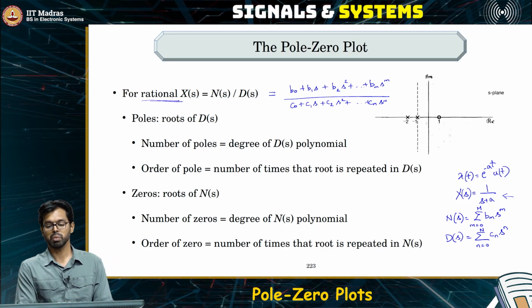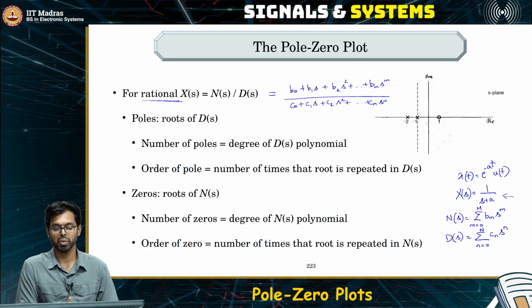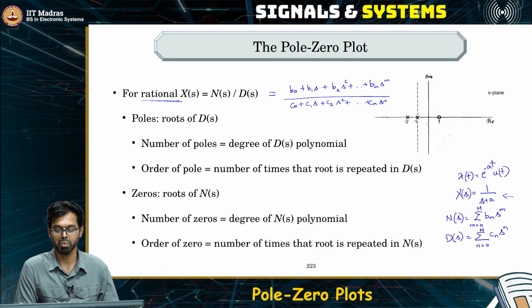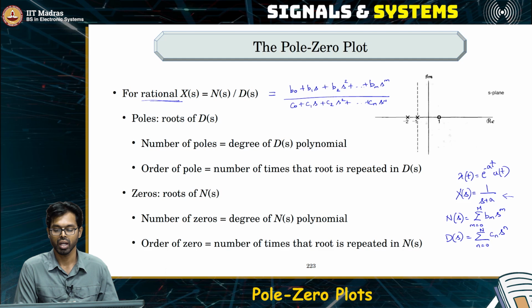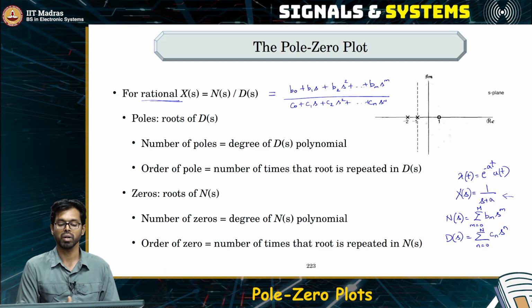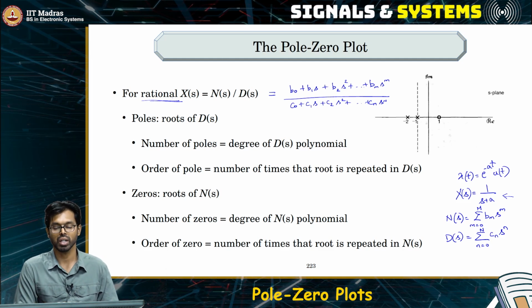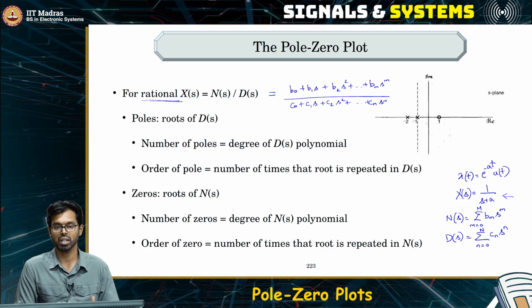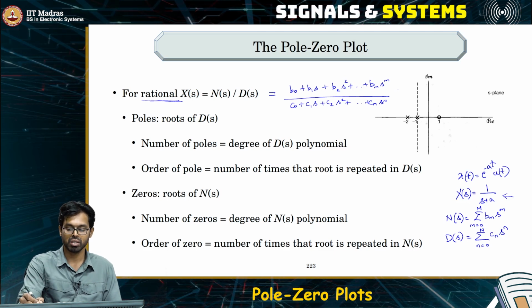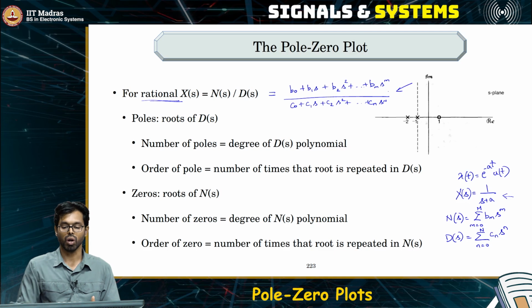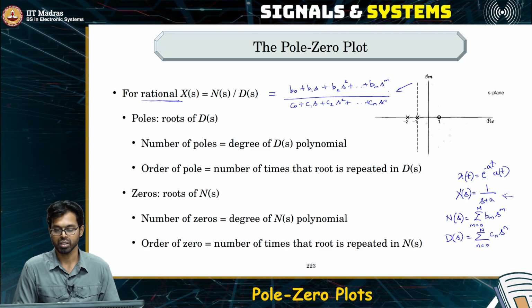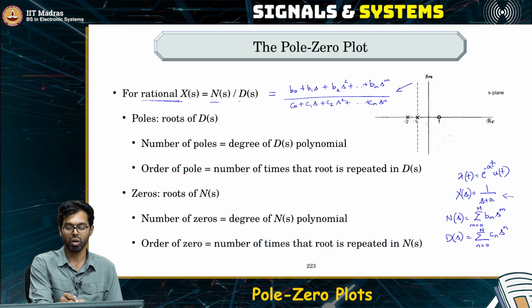So do you remember where you see such forms? If you remember in the Fourier transform examples and the problems that we solved, any RLC circuit ends up having a Fourier transform which looks like this. Whenever you have differentiators and integrators, eventually the system equation could be expressed in terms of some rational terms, right? You have a polynomial in the numerator, you have a polynomial in the denominator.